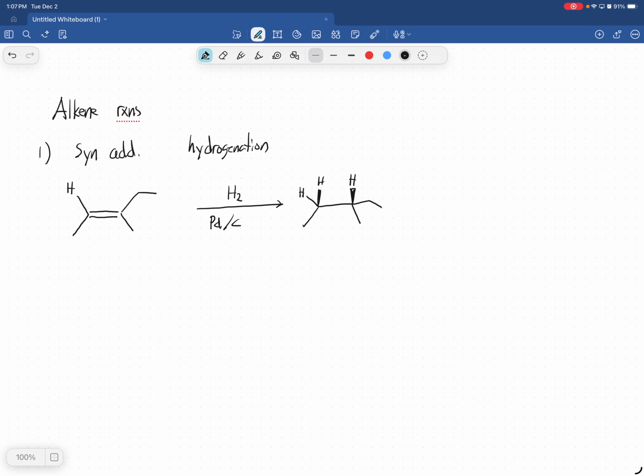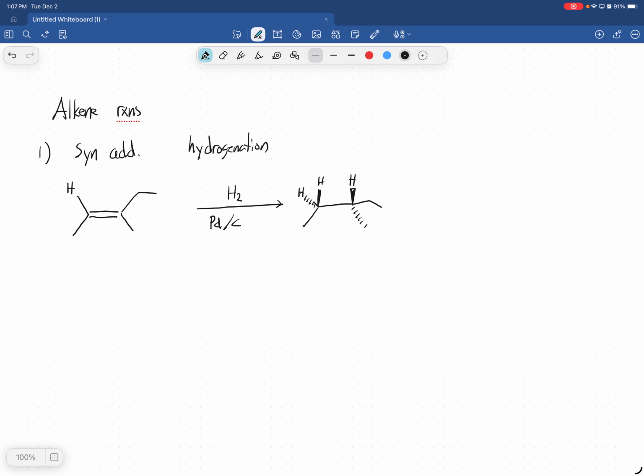But what other product do we get too? Is there any other kind of product we can get? So let's make this bond dashed. Okay, and we'll make one of these hydrogens dashed too. I forgot. All right, is one of these a stereocenter?